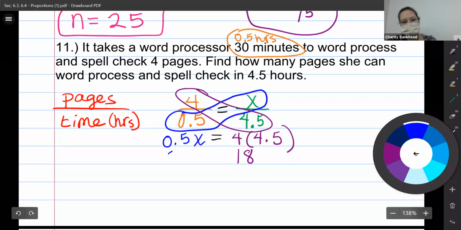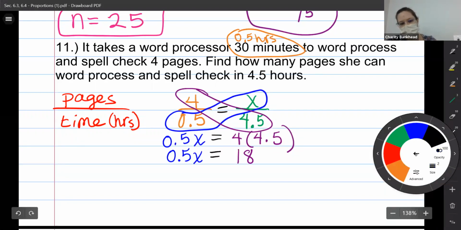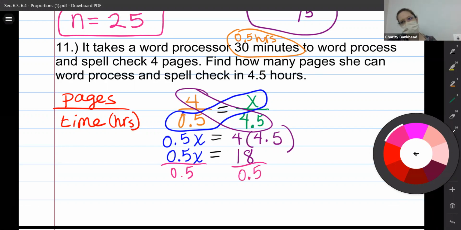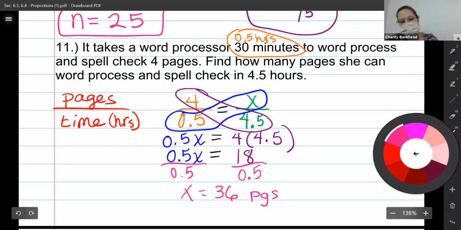So 0.5x equals 18. And then divide by 0.5. So as a shortcut, I know that dividing by a half is the same as multiplying by 2. So I just think 18 times 2 is 36. And you can always do it out the long way, but I'm just telling you my shortcut that I use. So it's 36 pages.